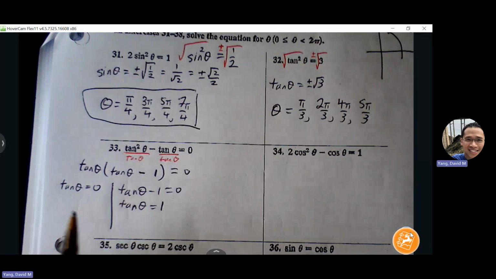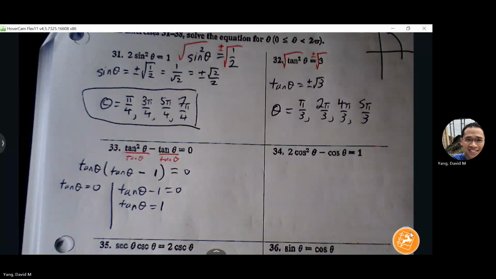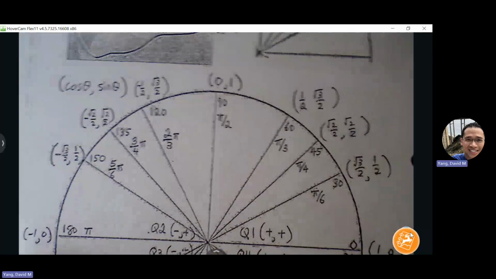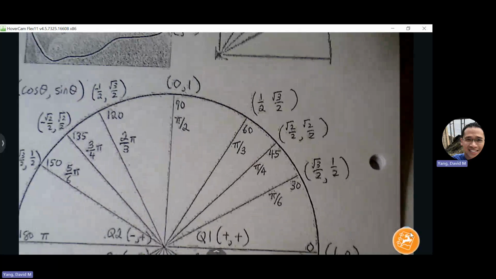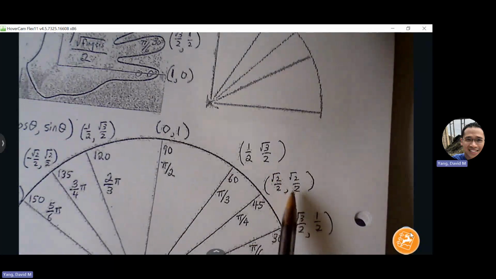So we have to ask ourselves, where is tangent equal to 0? Tangent is y over x, right? Sine over cosine. So it has to be along the axis. Remember, root 2 over 2 over root 2 over 2 is not equal to 0. If I divide these two, I don't get 0, I get 1.